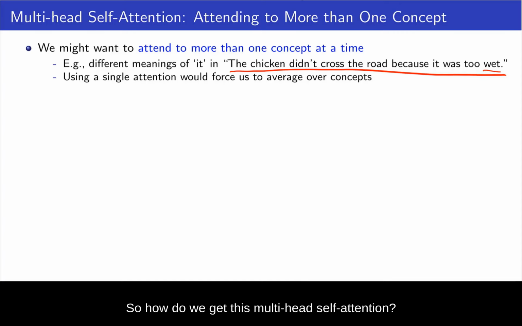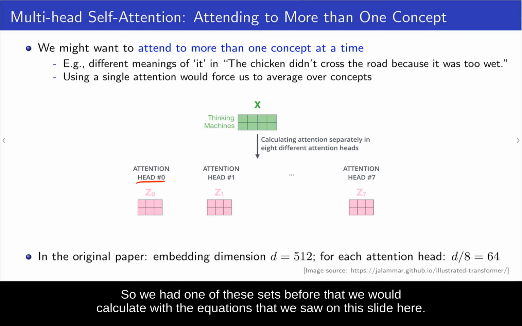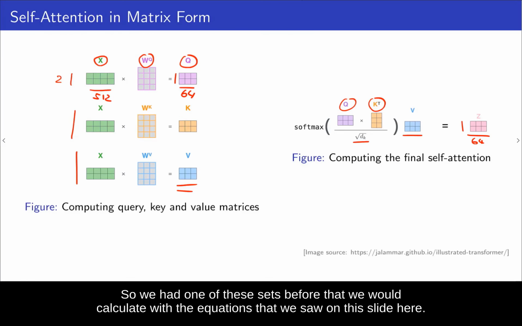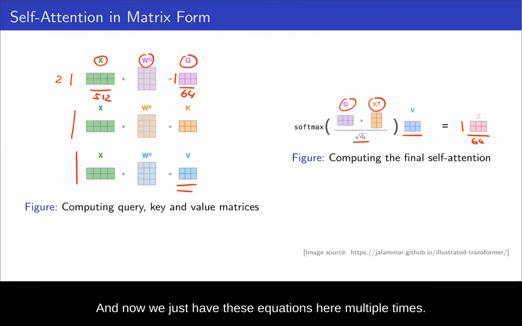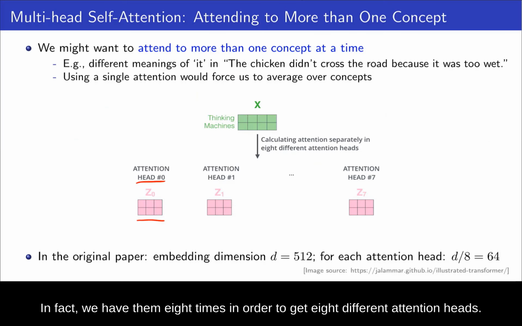So how do we get this multi-head self-attention? Well, we simply have more than one attention head. So we had one of these z's before that we would calculate with the equations that we saw on this slide here. And now we just have these equations multiple times. In fact, we have them 8 times in order to get 8 different attention heads.